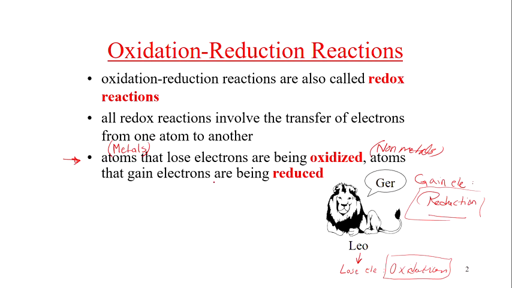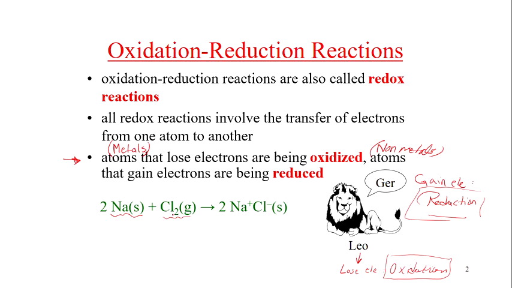At this time, we have losing electrons by metals and gaining electrons by nonmetals. Look at this example. In this example, we have sodium as one metal reacts with chlorine as nonmetal molecule.